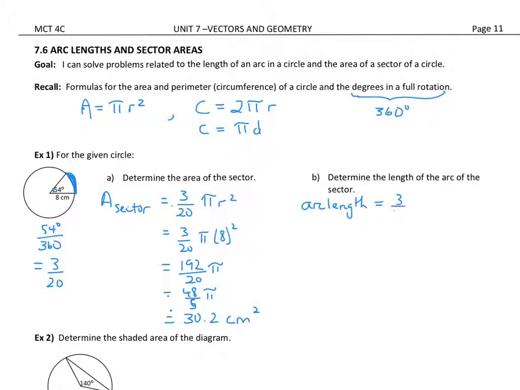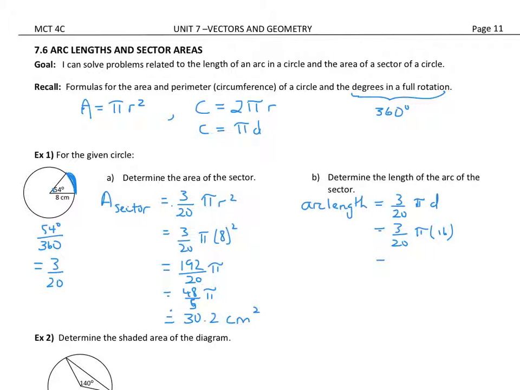So it's 3/20ths of pi times the diameter, or 2 times pi times r. I'm going to do the 2 times 8 and get 16, pi times my diameter, which I'll put as a D. The diameter would be 16 because it's 2 radii.